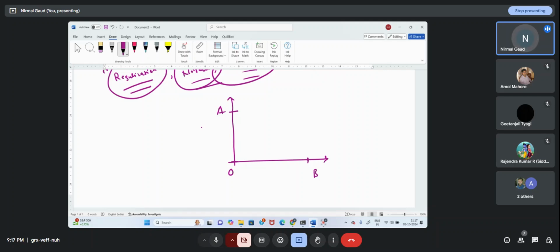If I ask you how I should reach from A to B, you will say, sir, there are two ways to reach from A to B. Either you can go from A to O, and then from O to B. So AO plus OB.